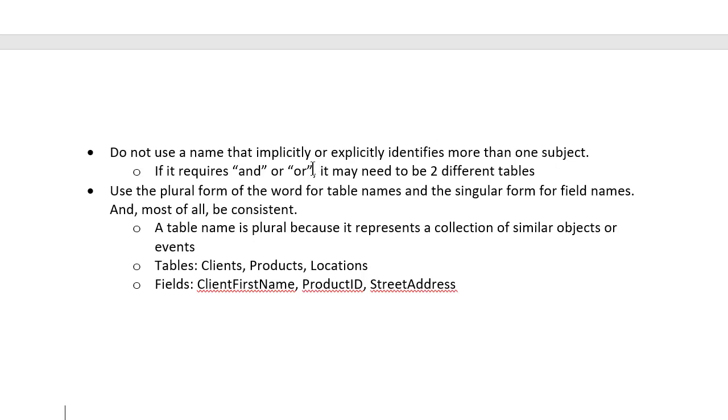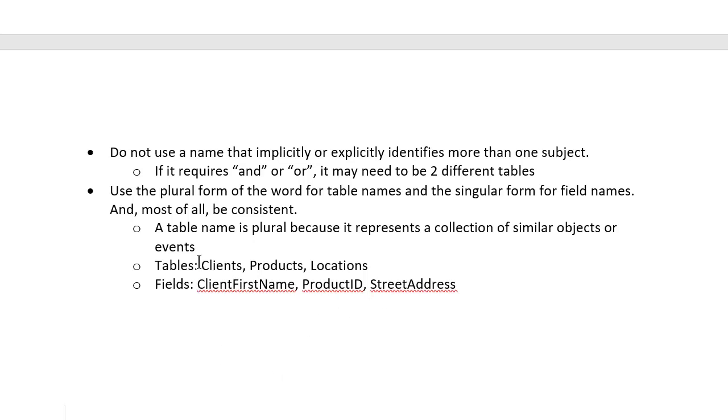So sometimes it's good practice to use a plural form of the word for table names and then a singular form for the field names. So an example might be for tables: clients, products, locations, versus field names: client first name, product ID, street address.